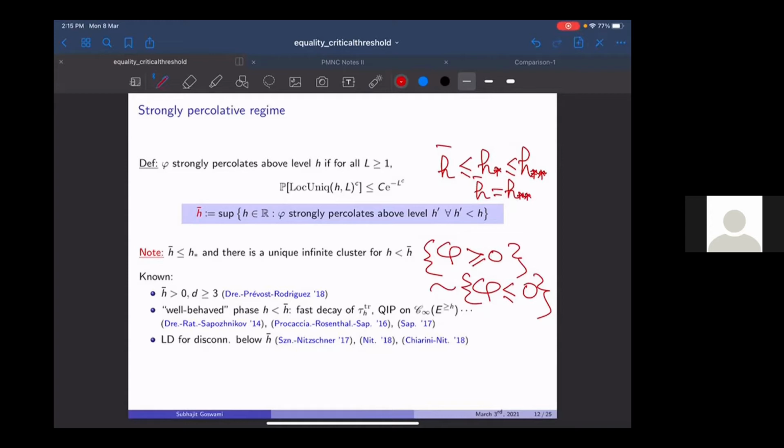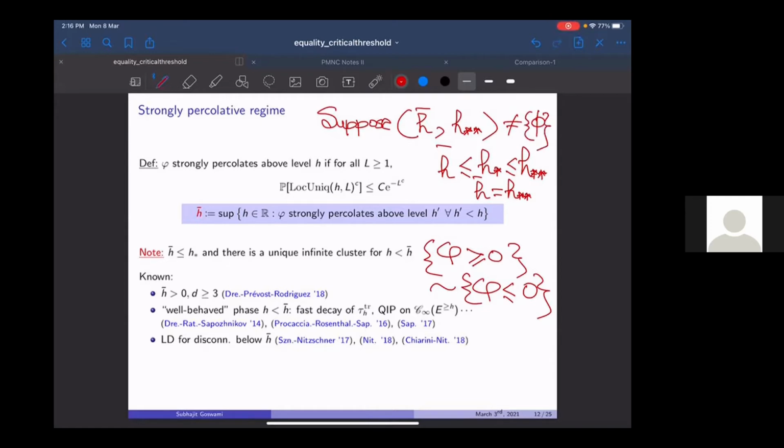To do that, what do we have to do? We'll first assume, suppose it is not the case. Suppose that this interval that you see there, the open interval between h bar and a star star, is not an empty set.